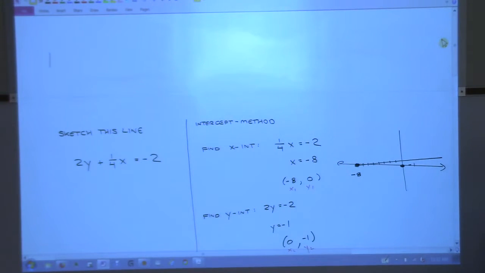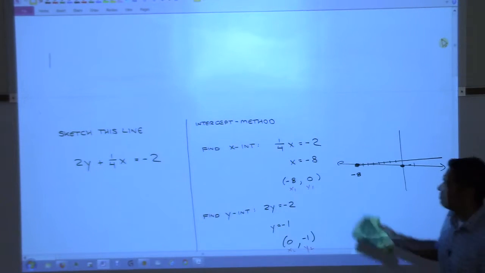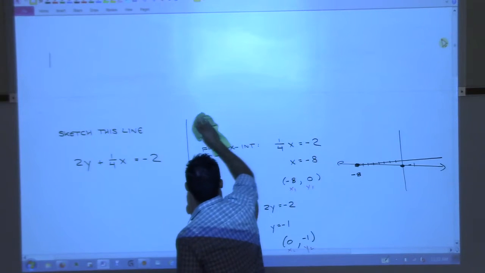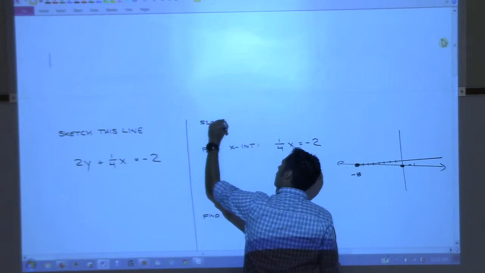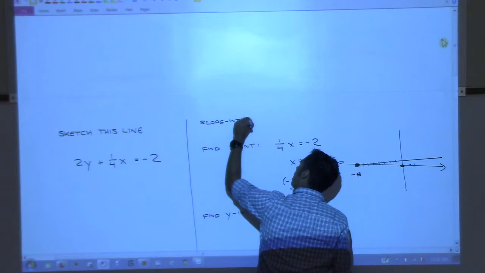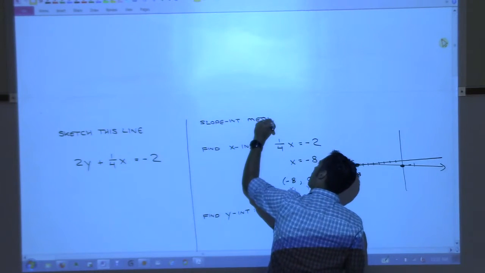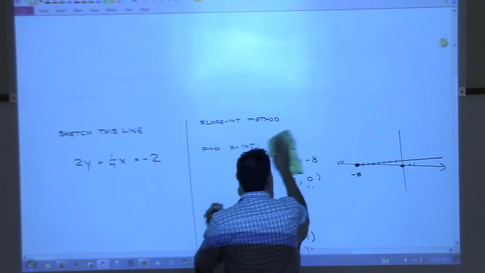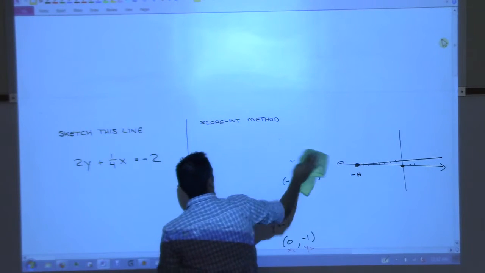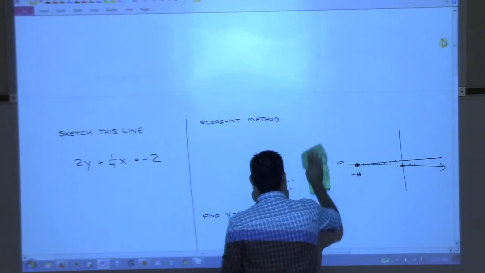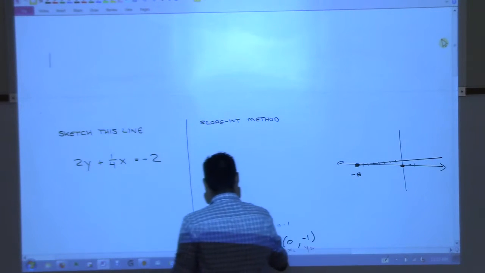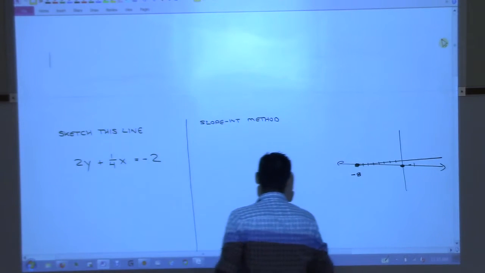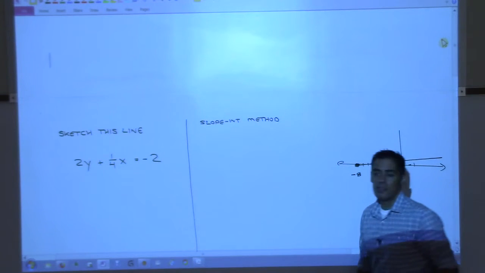Now let's do the other method, which is to put it into slope-intercept form first. If I was just walking down the street talking to somebody about the slope-intercept method, which happens a lot, I would really just be telling them, hey, you're just solving for y, right?